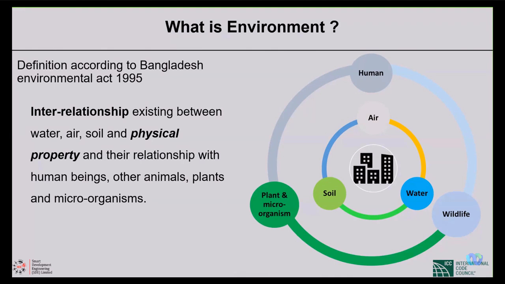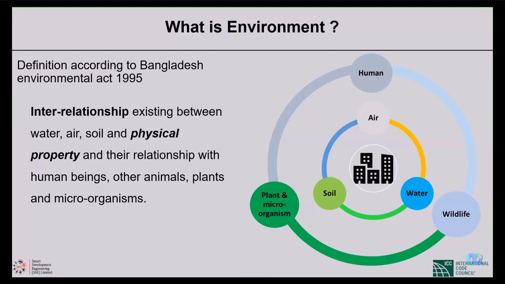So now I come to a little bit of a definitional thing, but don't take it as a hardcore definition. This is like information on what is meant by environment. Environment is the interrelationship between what?